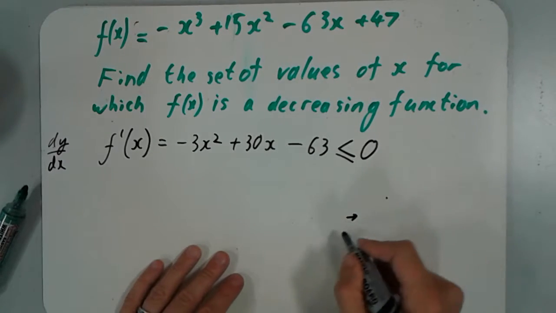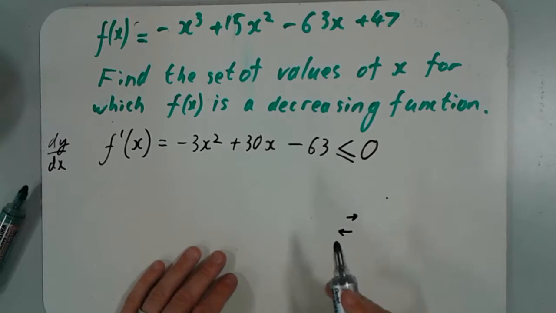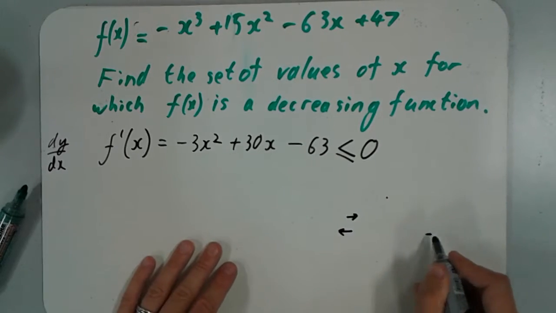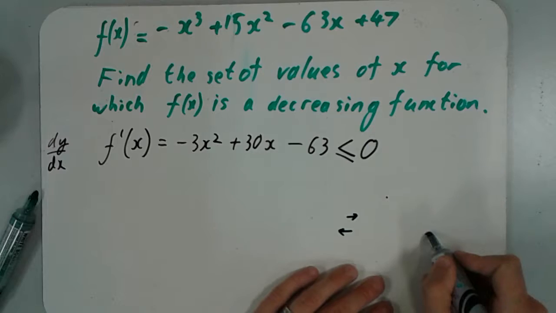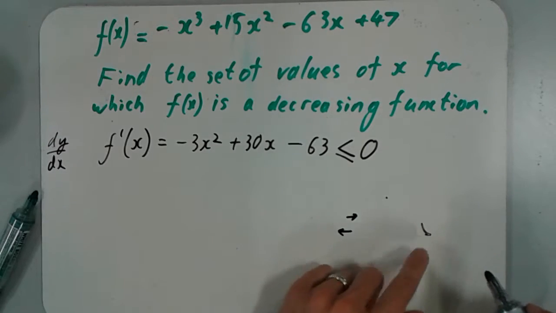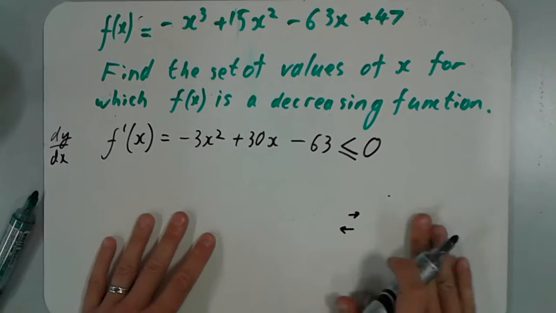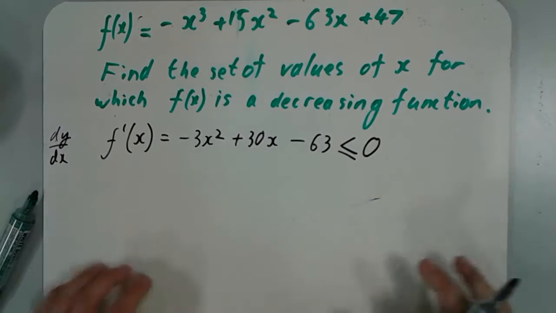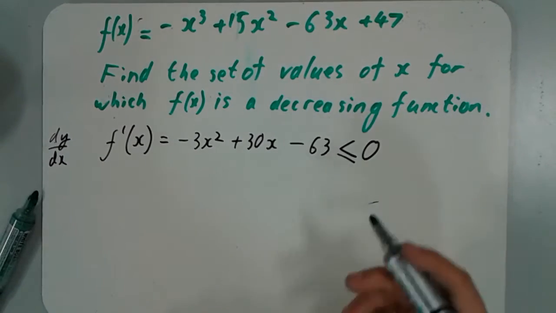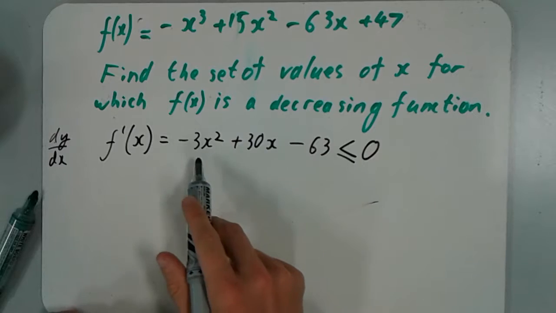Similarly, if we stepped a little bit to the left, we would go up. So even if it happens to be 0 at one exact point, if I went to the left, I would have to go up. So we do technically use less than or equal to in this case, but don't worry too much about the technical reasons why.